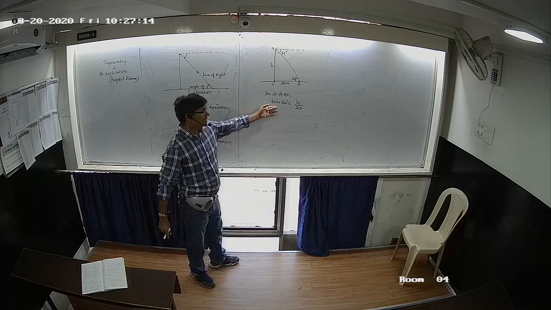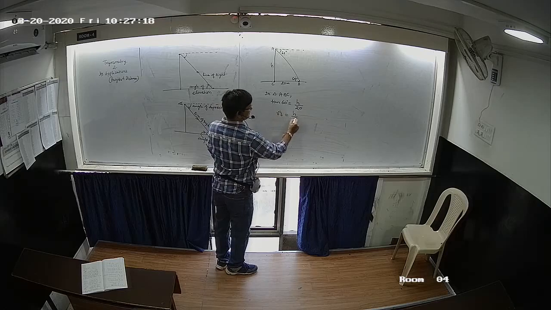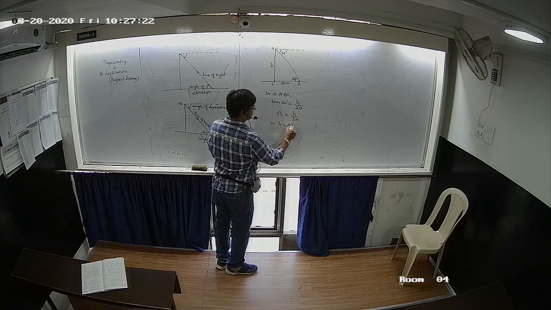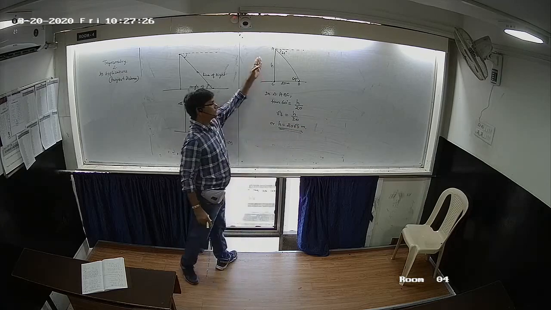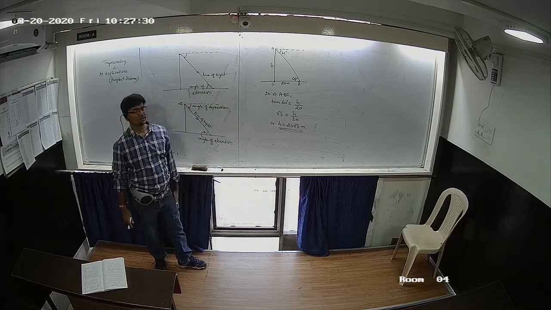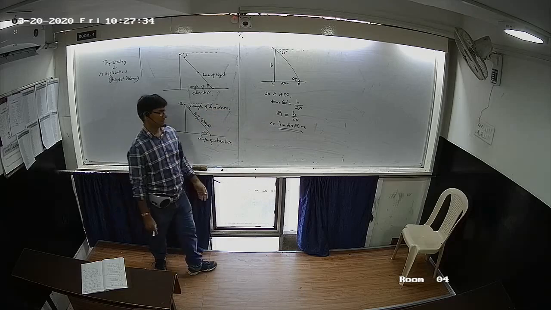And we know the value of tan 60, that is root 3, which is equal to h upon 20, or h is equal to 20 root 3 meters. So that's the height of the building, 20 root 3 meters. In the same way you can find out the distance.